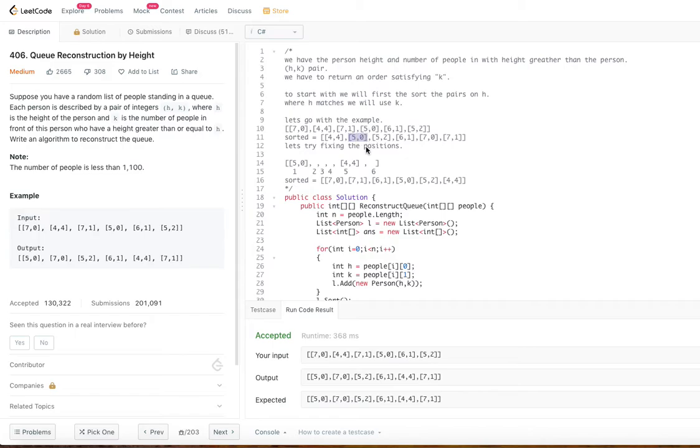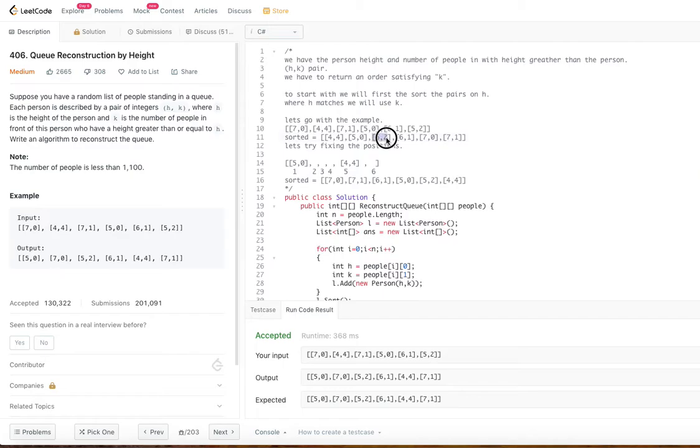That means there must be 0 people whose height is greater than or equal to this guy. What can be the position of this person? It must be the first position. So we fix him in the first position.